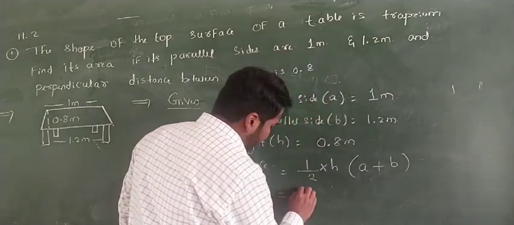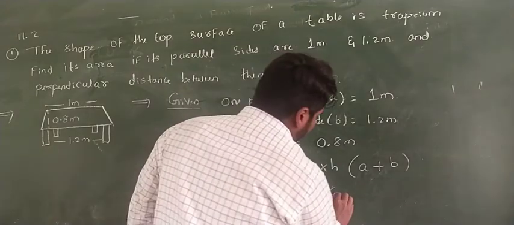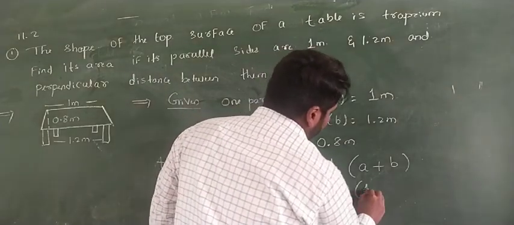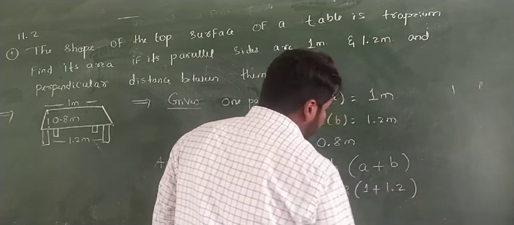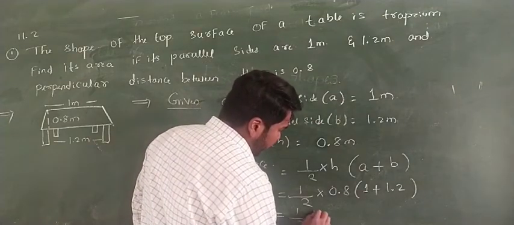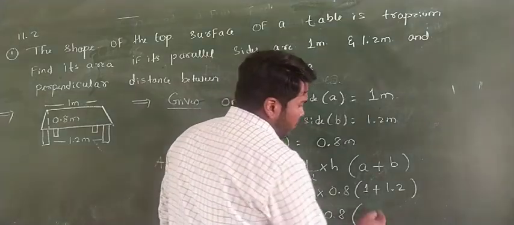You can write it as half into H, which is 0.8, and A is 1 plus 1.2, that is B. So again, half into 0.8 into, 1 plus 1.2, which you can write as 2.2.